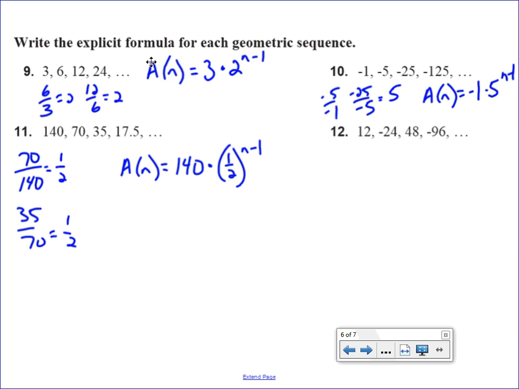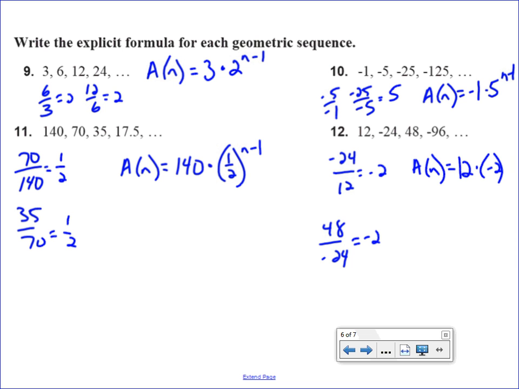Okay, and then my last one, I've got a negative 24 divided by 12, or a 48 divided by negative 24, and we do get a ratio of a negative 2. So my explicit formula would be a_n is equal to a 12 times a negative 2, and if the ratio is a negative, you need to put it in parentheses, (-2) to the n minus 1 power.